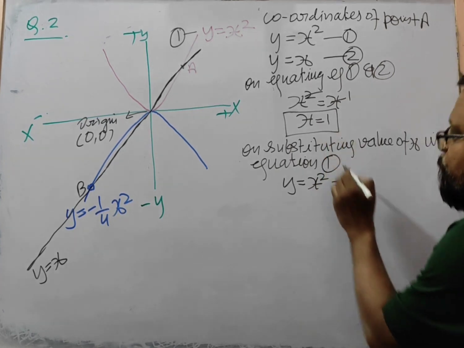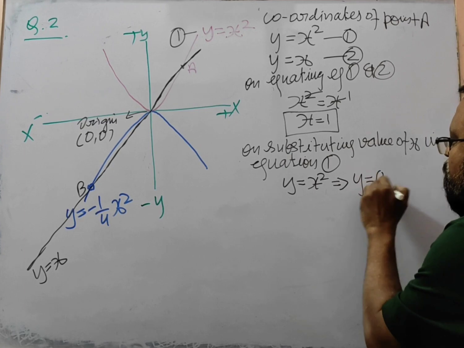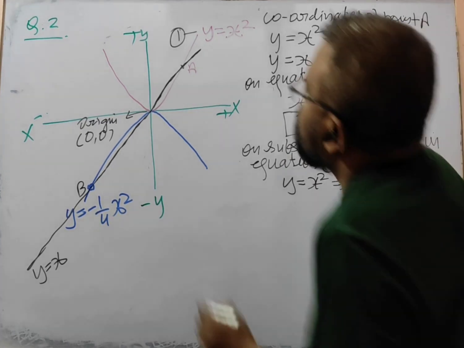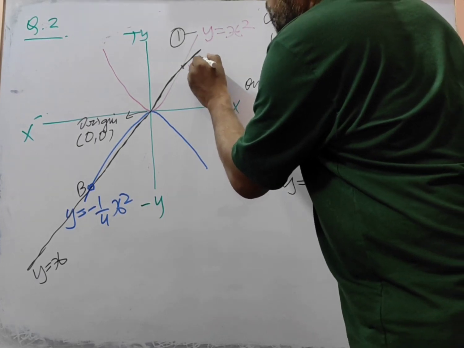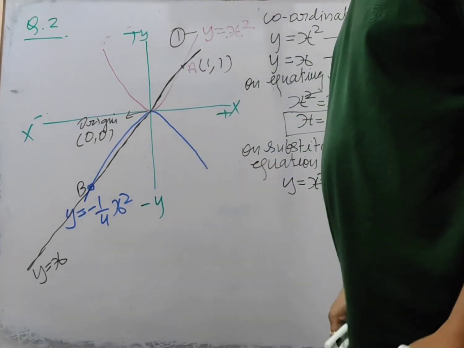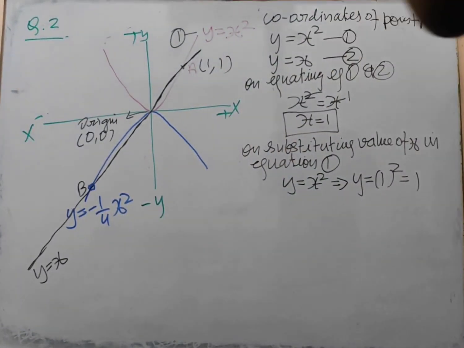So x is 1, so therefore y is equal to 1 square, which is equal to 1. So the coordinates of the point A is 1 comma 1, right? I hope you understand this.